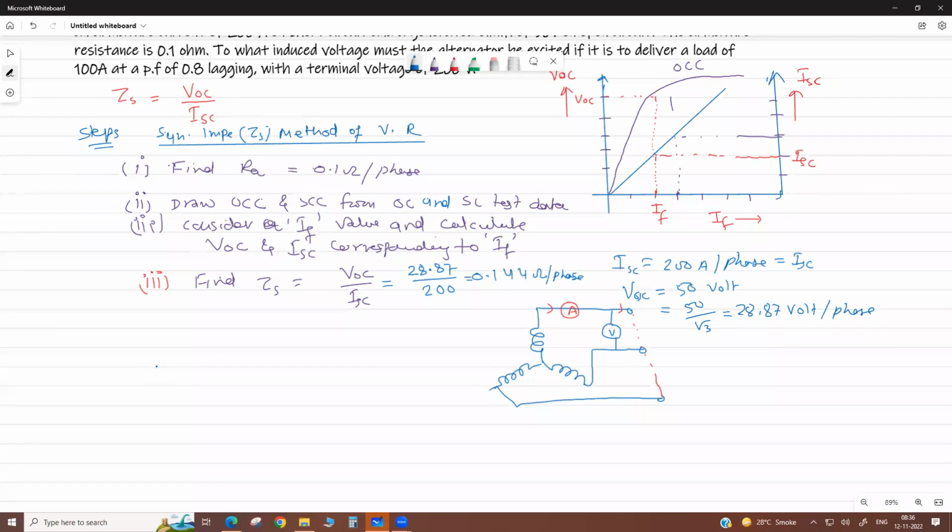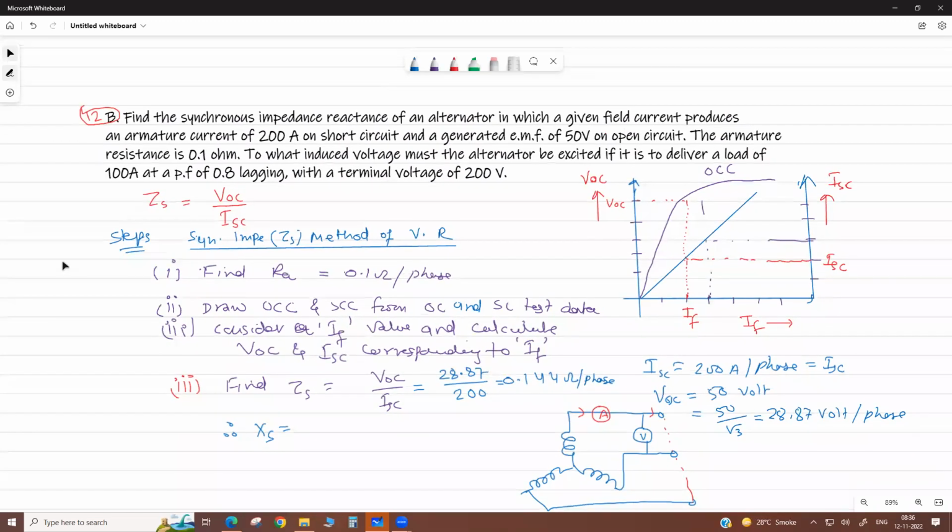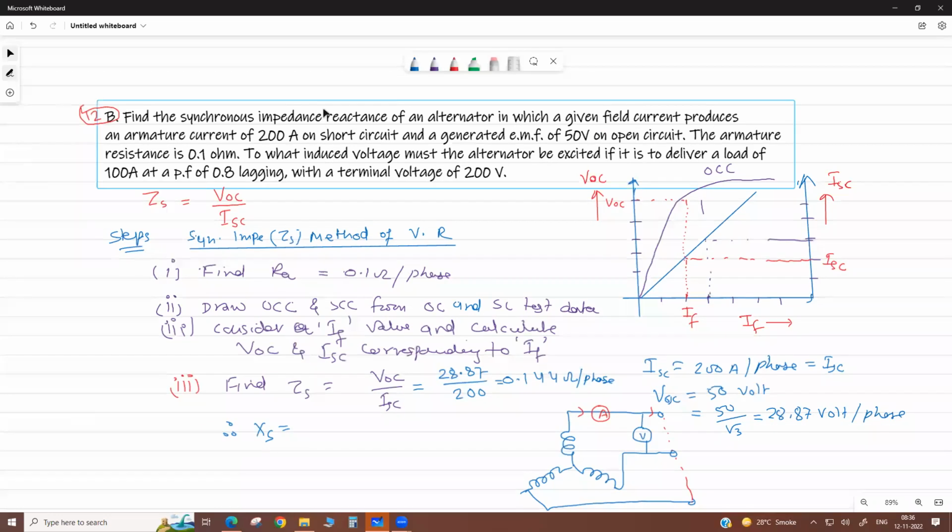Got it? So then we can also get the synchronous reactance. That's why in the question here, what is asked? Find the synchronous impedance and reactance of the alternator which gives the field current to produce the armature short circuit current and EMF in open circuit condition.